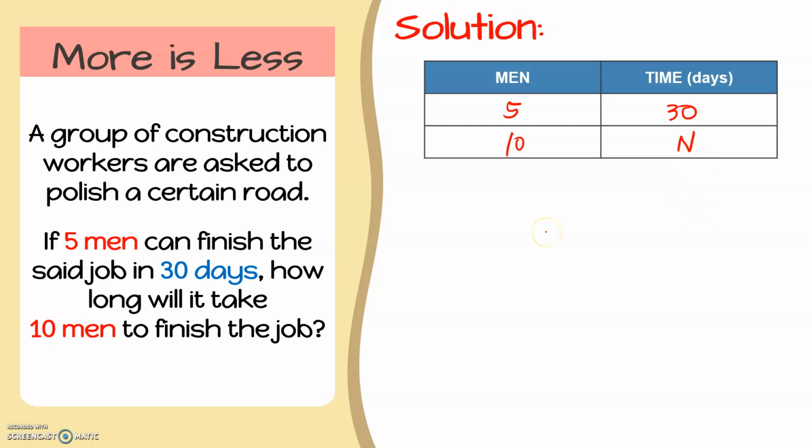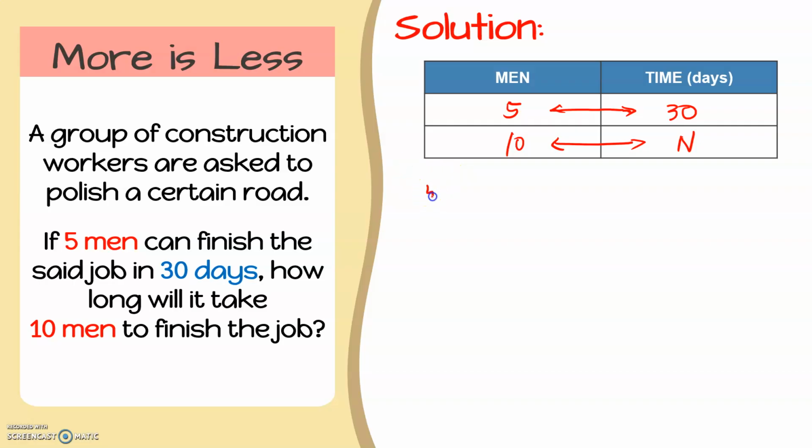Okay. Now, this time, since we are dealing with inverse proportion, we will not use cross multiplication to answer the problem. Instead, we will multiply the quantities on the same row to find the value of n. So that means we'll multiply 5 and 30 and 10 and n.